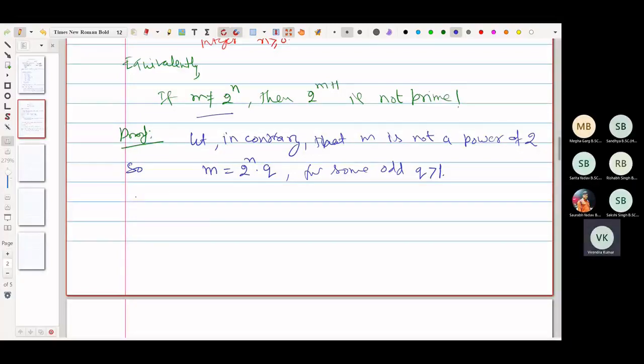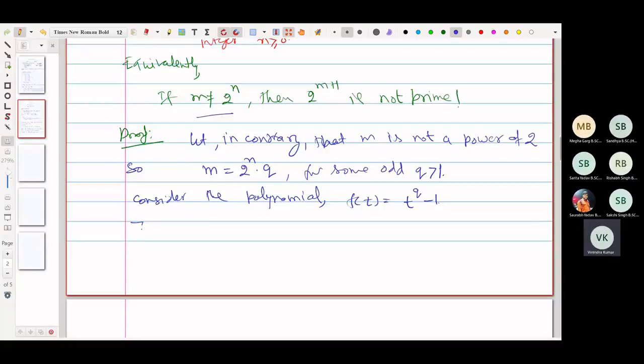Now let us consider the polynomial. Consider the polynomial f(t) equals t to the power q minus 1.